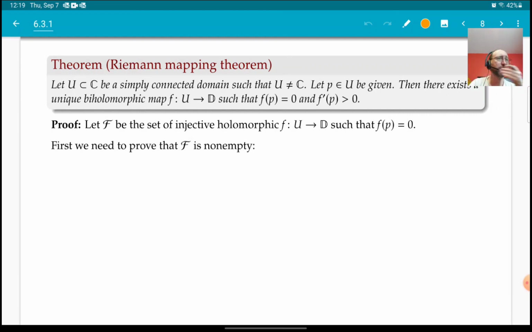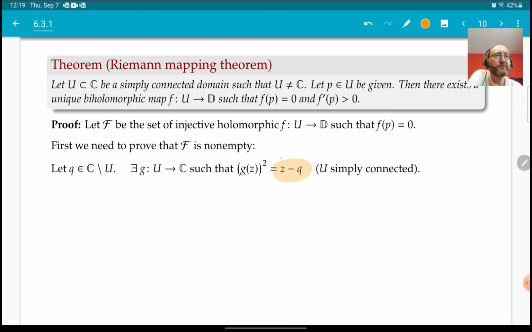Once you start thinking about how you would do it, it's not obvious. But we have to find at least one function in script F. Okay, so U is not the entire plane, so there exists some q that's not in U.